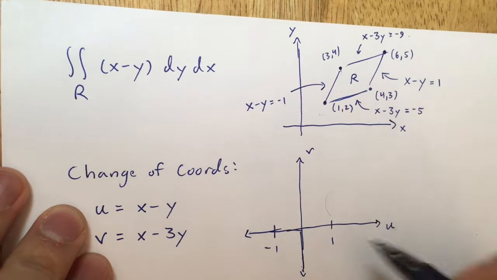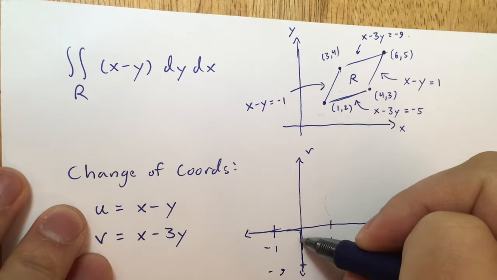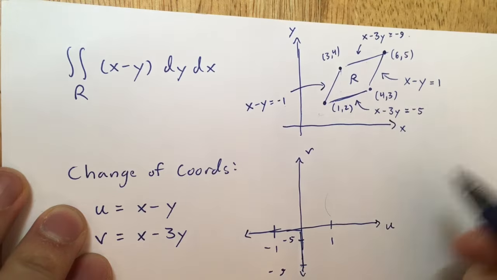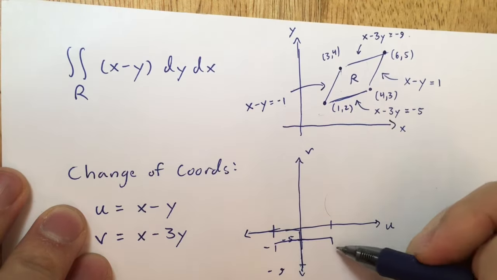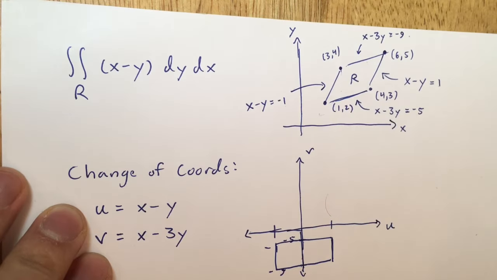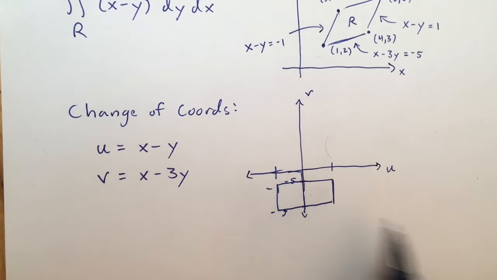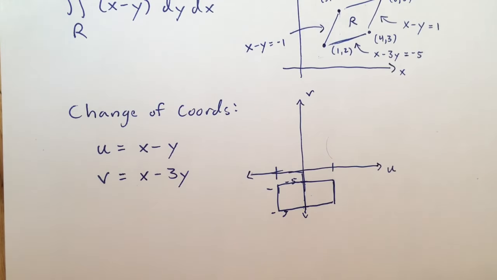And V goes from negative 9 to negative 5. So what we're getting in the UV coordinate system is a rectangle down here. So this region becomes this region in the UV coordinates. Quite a simple region to deal with now. So that'll make that integral much easier to do, much less tedious.